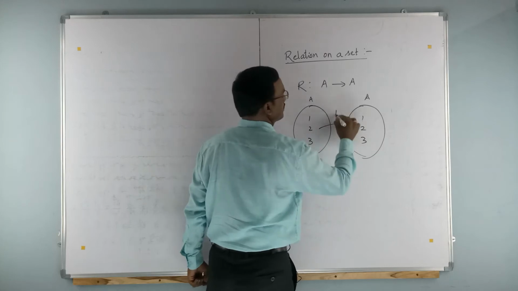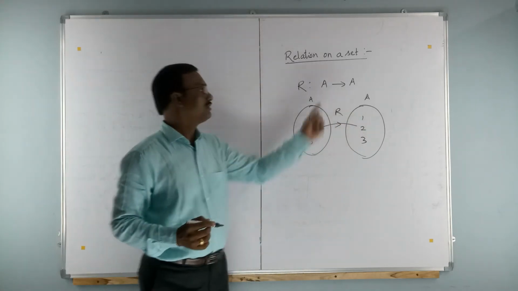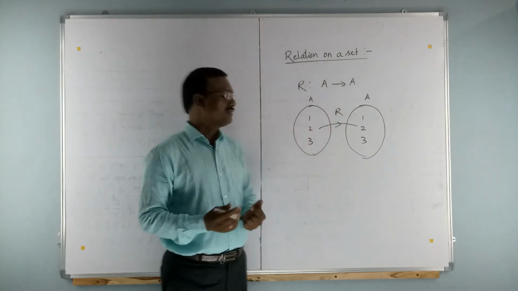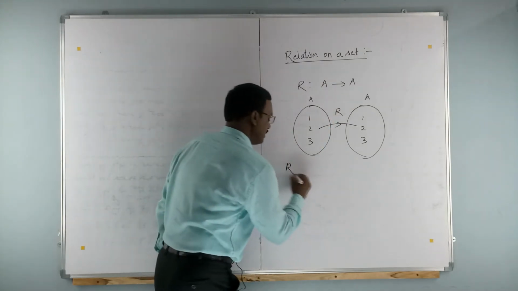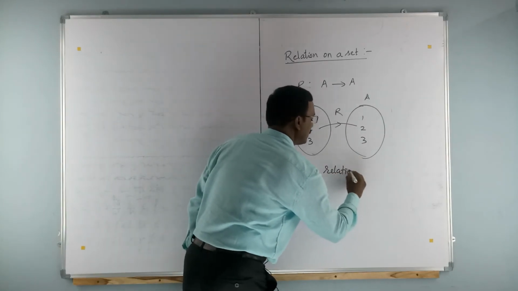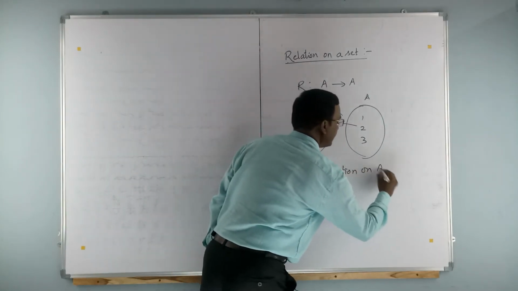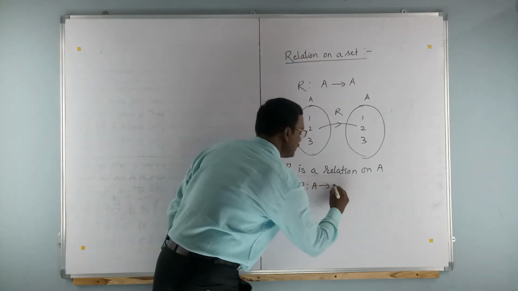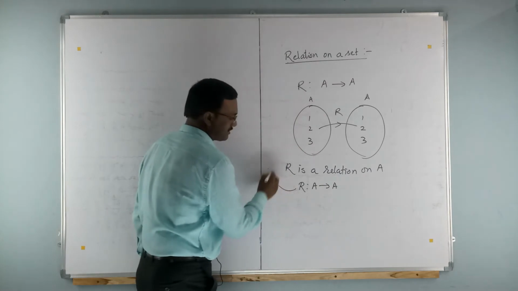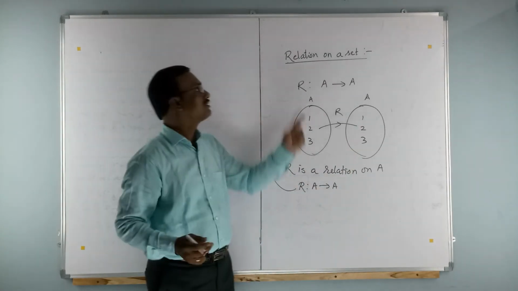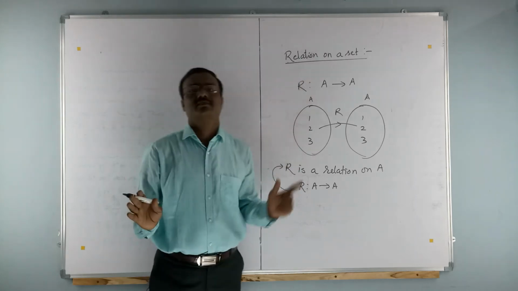And if this is the relation, so if the domain and codomain both are the same set, then we say that R is a relation on A. Rather than saying R is a relation from A to A, we directly say R is a relation on A. So that is about relation on a set.